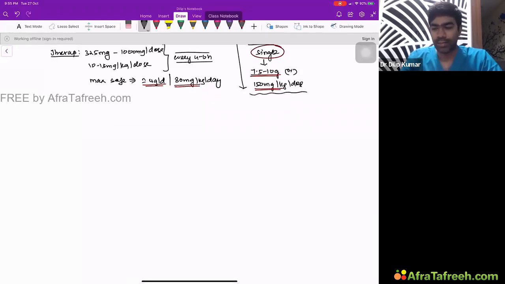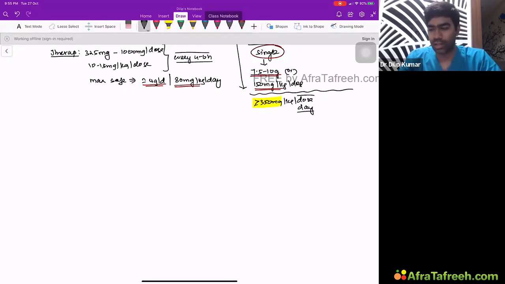Apart from that, anything more than 350 milligram per kilogram per dose, irrespective of single dose or cumulative dose, doesn't matter. Whether you have taken more than 350 milligram per kilogram per dose or per day, it is equal to 100% toxicity, definite toxicity.